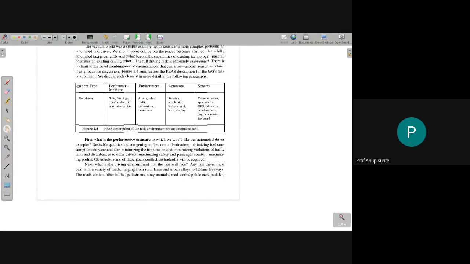These give out certain things to the outside world. Sensors could be the cameras mounted on the car. If you want an automated taxi which is driven in a real sense, it should have some sort of HD cameras, sonars, sensors, speedometers, GPS, whatnot. There could be numerous kinds of sensors that you can think of for such a problem.